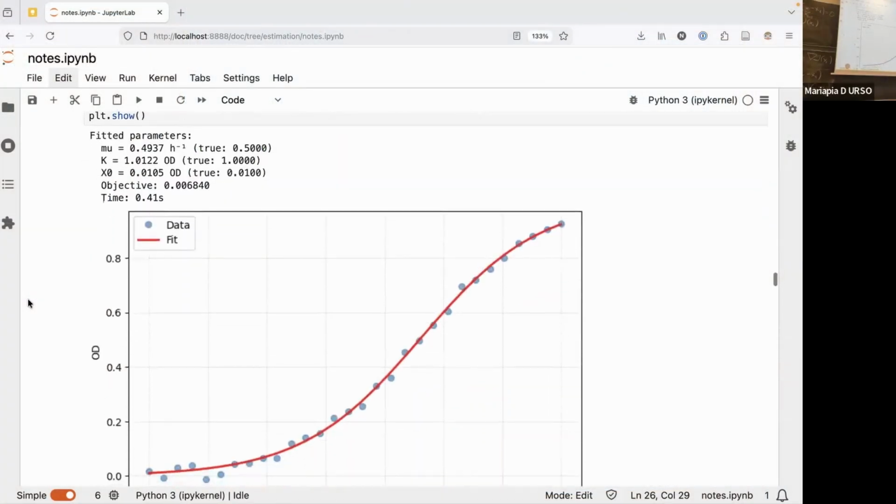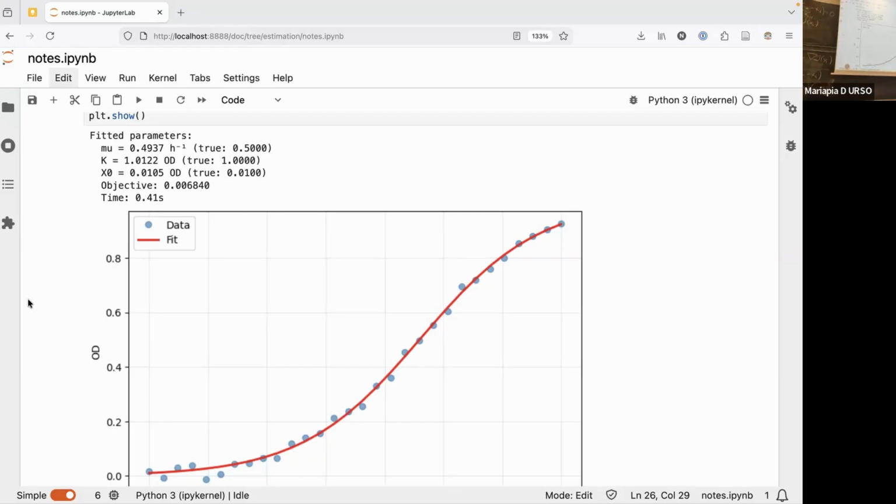It turns out that yes. Here we have the true values, and here are the values that our gradient descent found, and they're close. Right? Here, 0.49 and 0.5 is the true one, and the other is also close. And the simulation curve coming from these parameters is very close to the data.